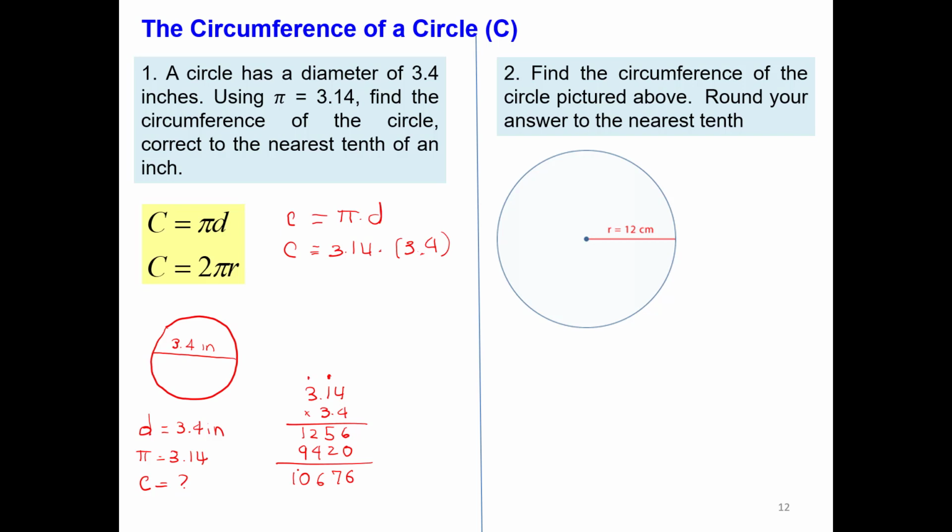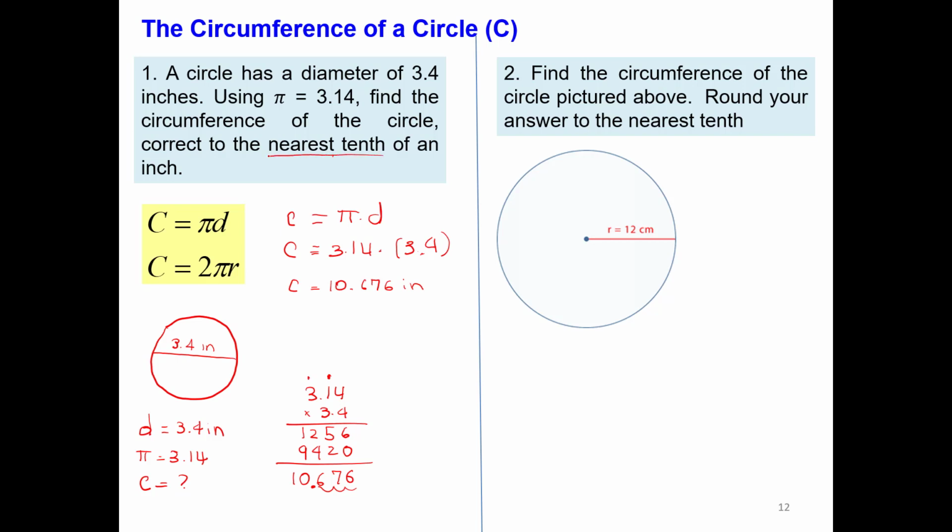Now we need to count how many decimal places we had. 1, 2, 3. Then 1, 2, 3. Then the point is just over here. Then the circumference of this is 10.676 inches. But we need to correct this one to the nearest tenth.